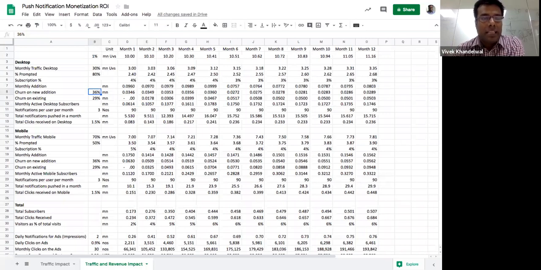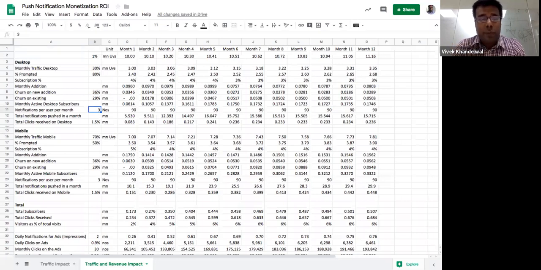Subscribers who have existed in the system for a while would churn at around 20 to 30%. This obviously is directly related to the volume of notifications you're pushing out, which in this case we have taken to be 3 notifications per user per day.